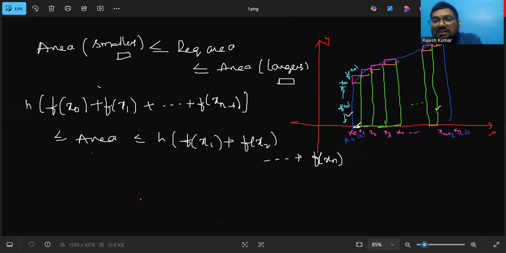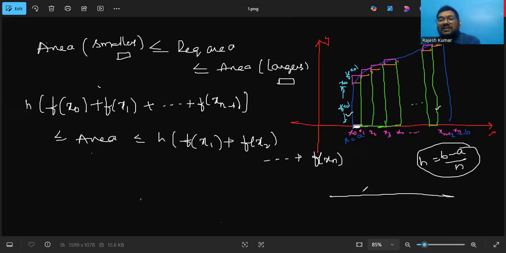Yes. Now, my consideration is this. What is this? It is the width. How much is it? h is equal to (b minus a) by n. What does it indicate? I divided the length between a and b into n equal parts. If I divide this entire length into 5 parts, you'll get this much length.